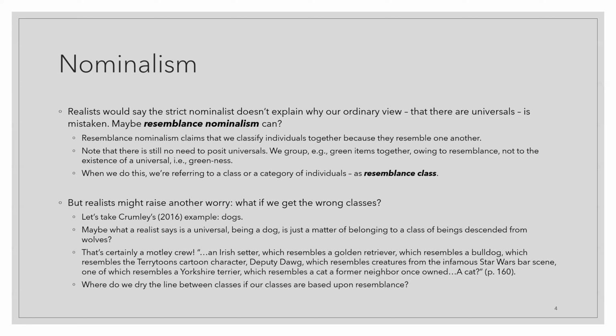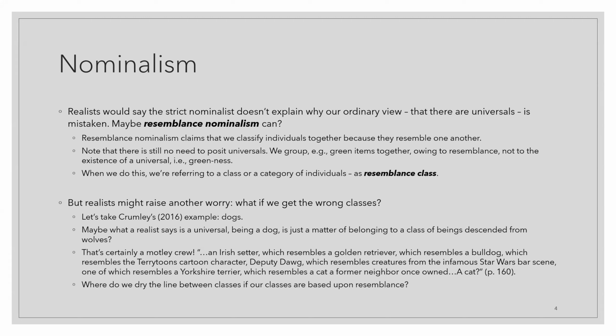So when we use these names to refer to green things, what we're doing is referring to members of a class or a category. We could call this a resemblance class. So there's no universal of greenness. There's a resemblance class of green things. And when we talk about or think about green individuals, we're talking about members of that class, not some universal that exists over and above the members of that class.